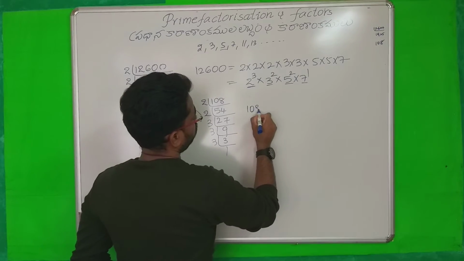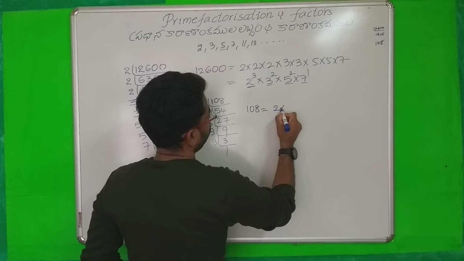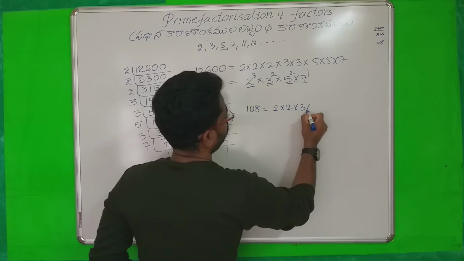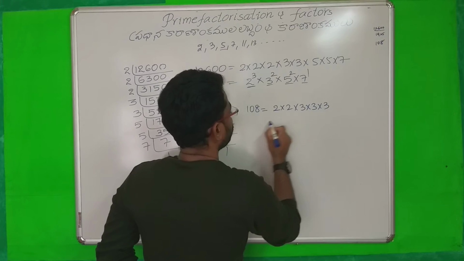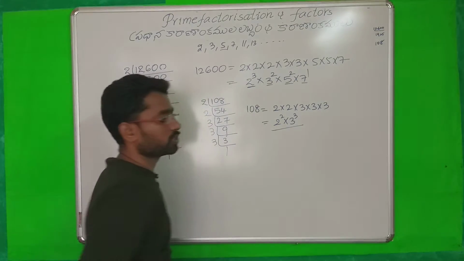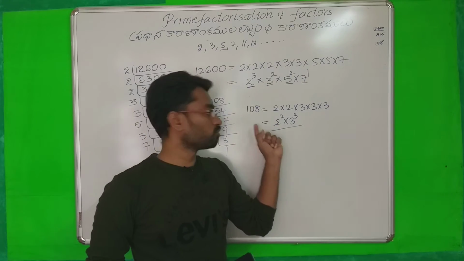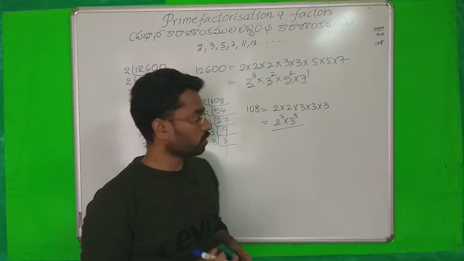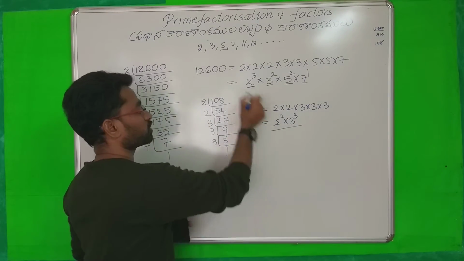So how can you write 108? 2 into 2 into 3 into 3 into 3. So 2 to the power of 2 into 3 to the power of 3. So what are the prime factors of 108? 2 and 3. So now I am going to write the factors of 108.